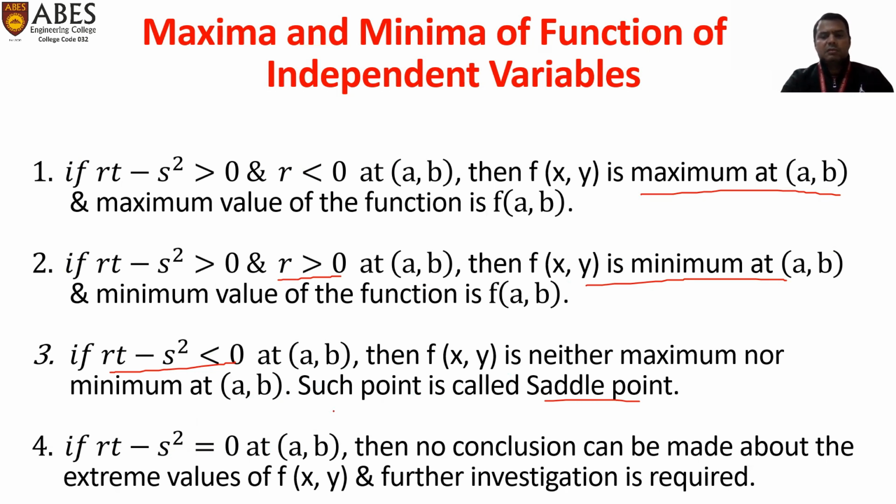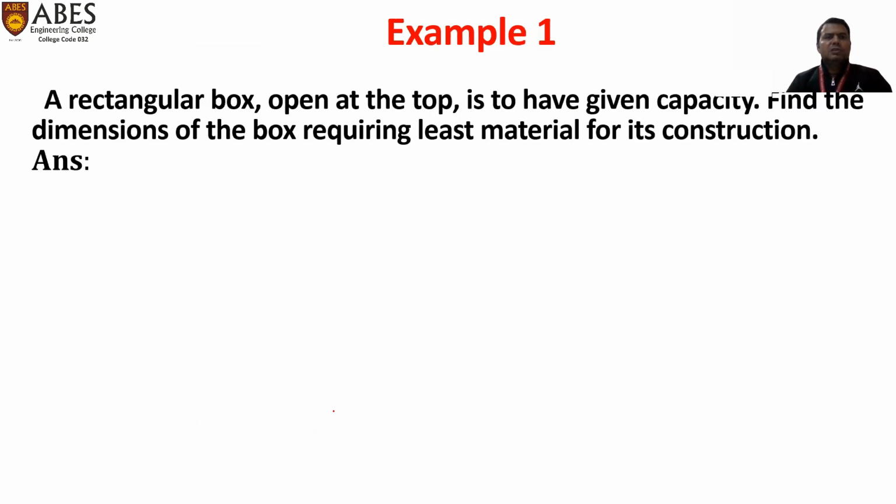Now we take one example. A rectangular box open at the top is to have a given capacity. Find the dimensions of the box requiring the least material for its construction. So it is a rectangular box. Let x, y, z be the length, width, and height of the box.